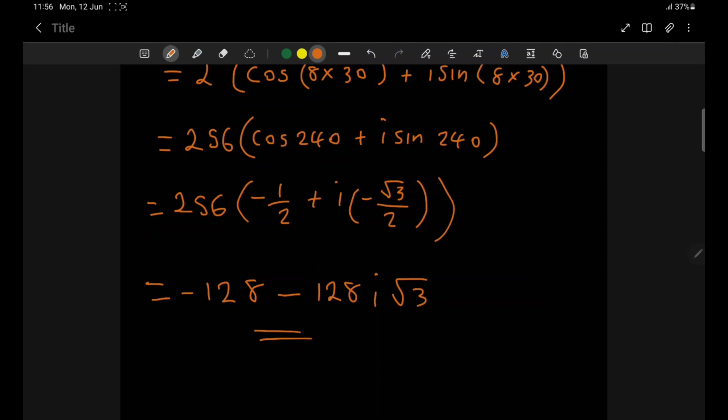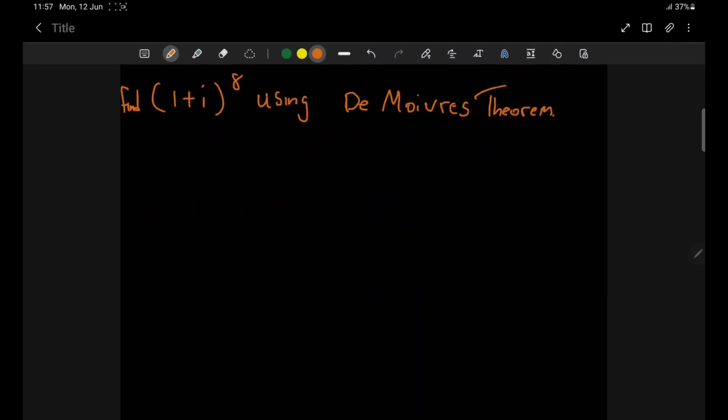Let's do another example. So we have this other example. If you check it, it's already in standard form. So first we need to convert it into polar form, then we can apply De Moivre's theorem. Our r will be equal to the square root of 1 squared plus 1 squared, which is just equal to square root of 2.